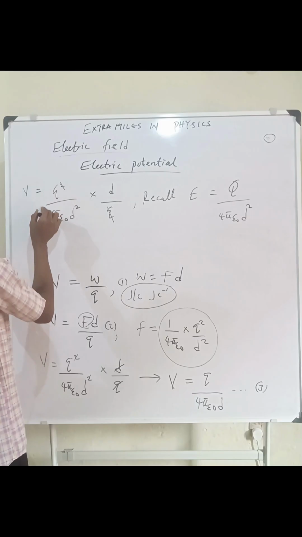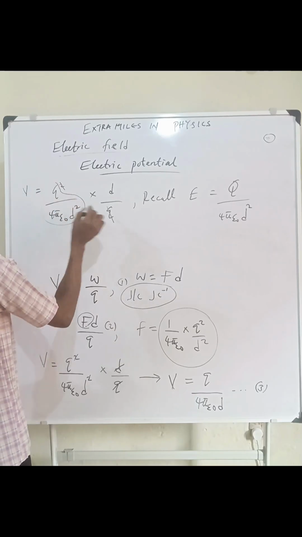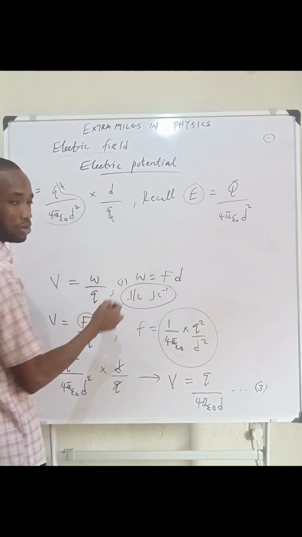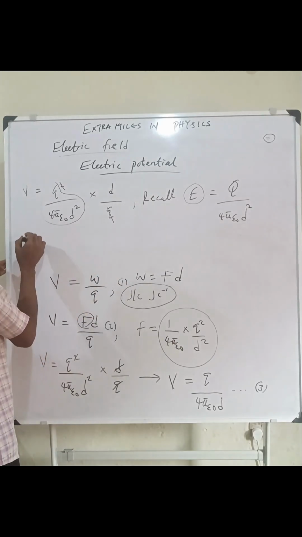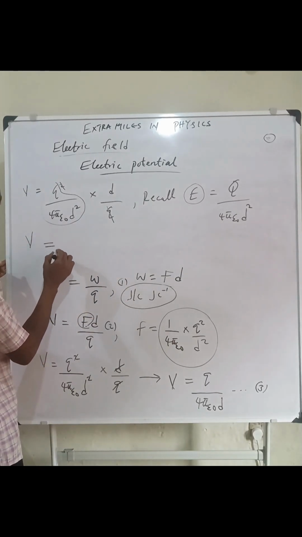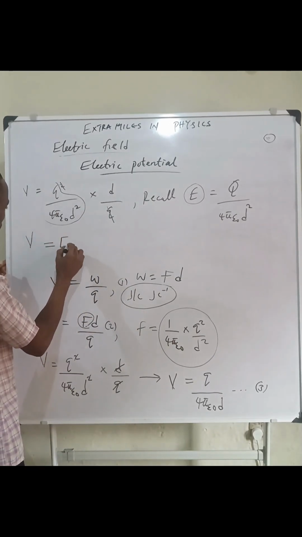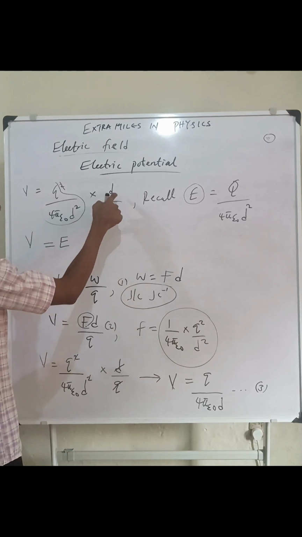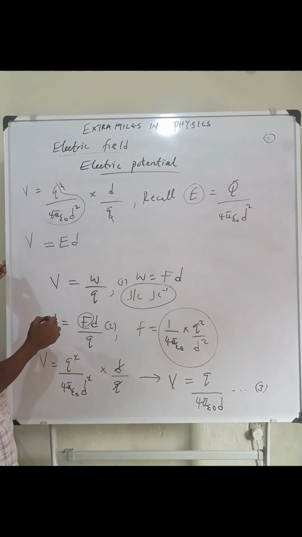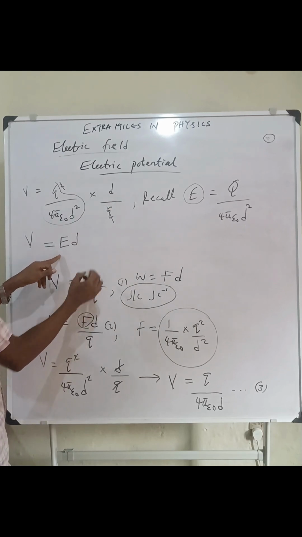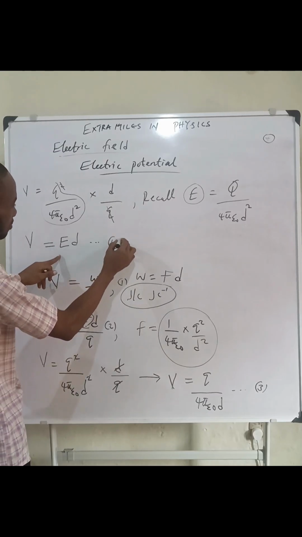So I will just cancel one of these. Then what will be remaining here now? This part remaining is equal to my electric field intensity, such that I can say that my V here equals E multiplied by D. Now this becomes my fourth formula.